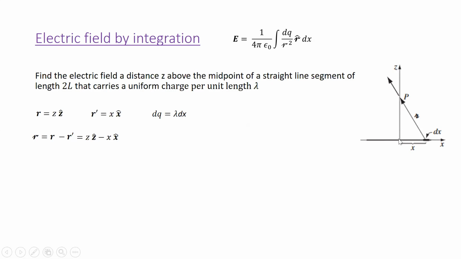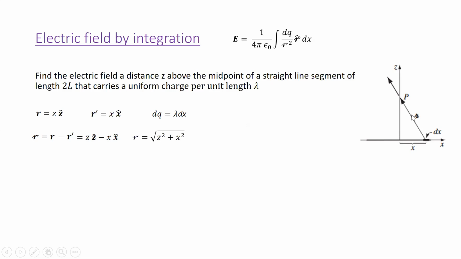Okay, because this plus this is equal to this. So therefore, this is equal to this minus this. Anyway, you can think about that and convince yourself it's true. And so we have script r, which we're calling this distance. Script r is equal to r minus r prime, which is equal to, as we said, z z hat minus x x hat.